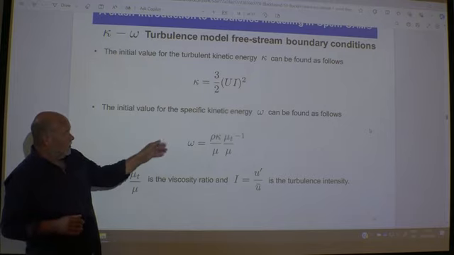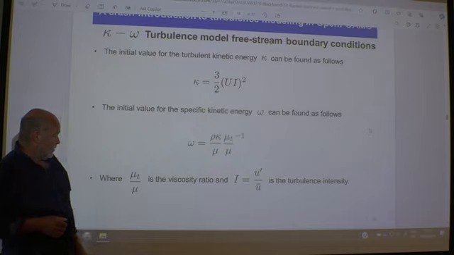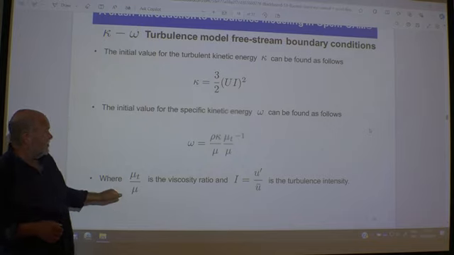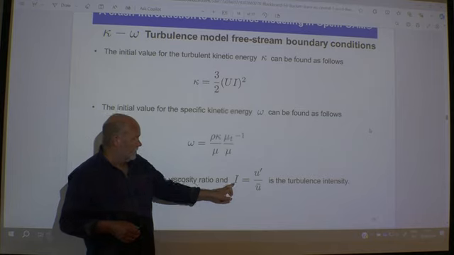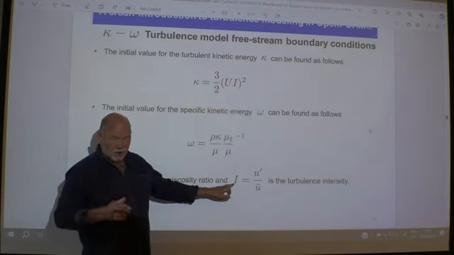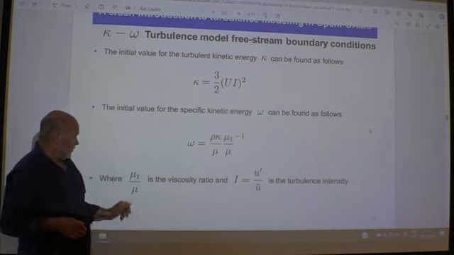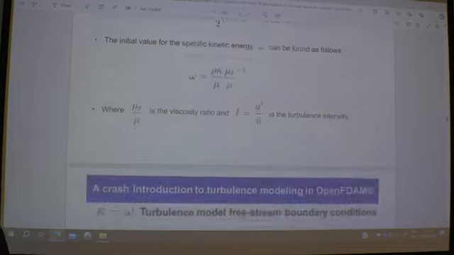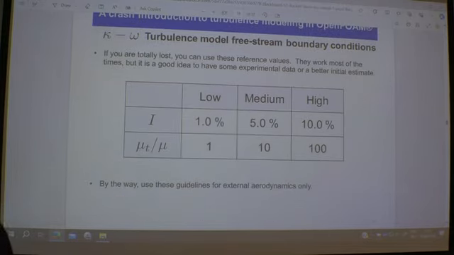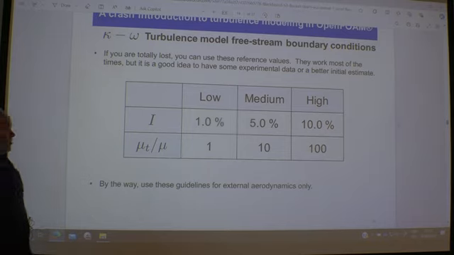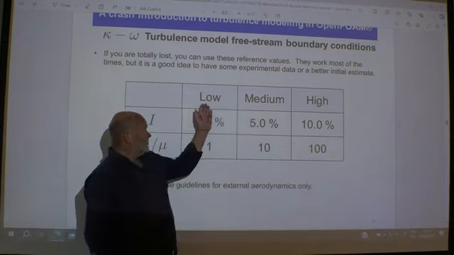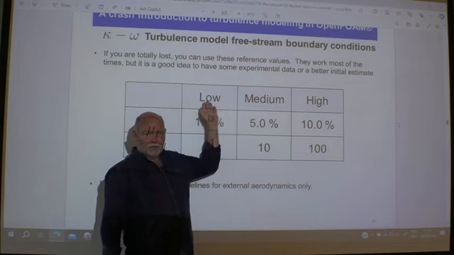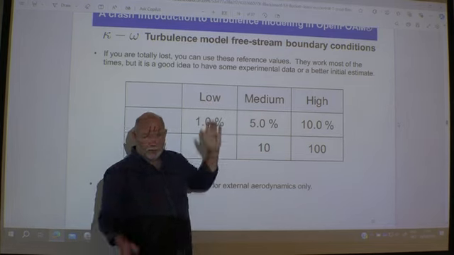Now for these estimates, you need some numbers here. The turbulent intensity, we have to choose a number here. And also for this eddy viscosity estimate. And I think he gives a list here. So remember, it says low, medium, high, meaning Reynolds numbers. But low Reynolds number is still turbulent.